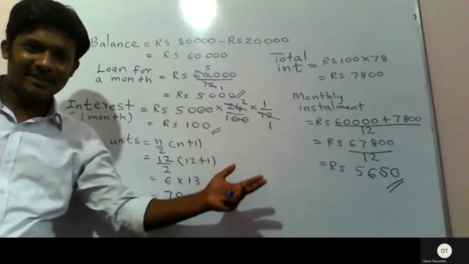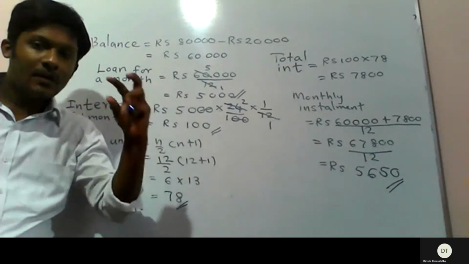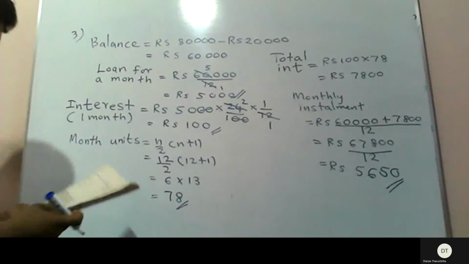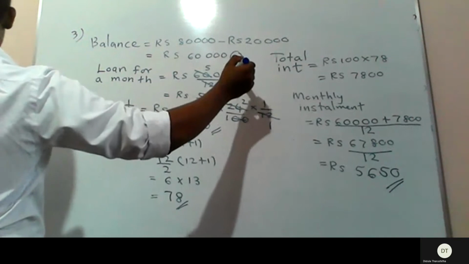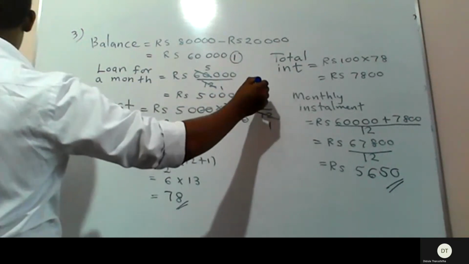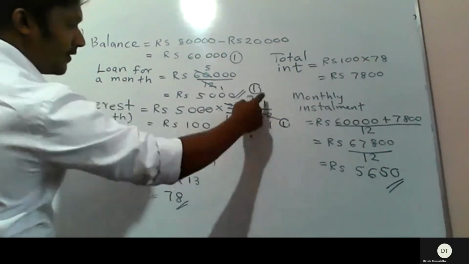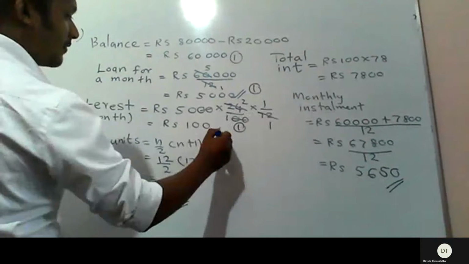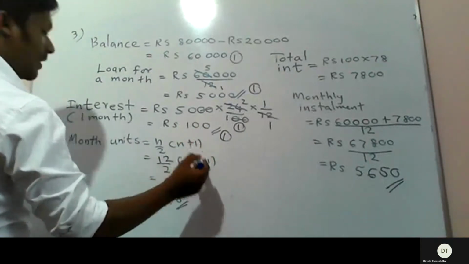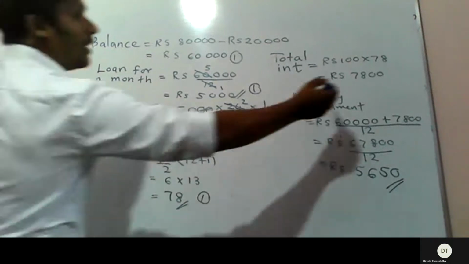Right, okay, complete your note. I think you can understand these parts are very important for the best mark. Right, now marking points. 1 mark for balance. 1 mark for 5,000 rupees. 1 mark for this interest, and 1 when we divide it by 12. 1 mark for 100 and 1 mark for 78. 1 mark for 7,800.